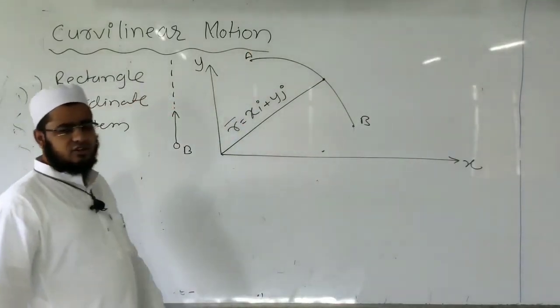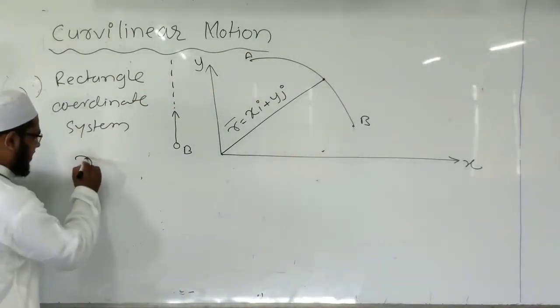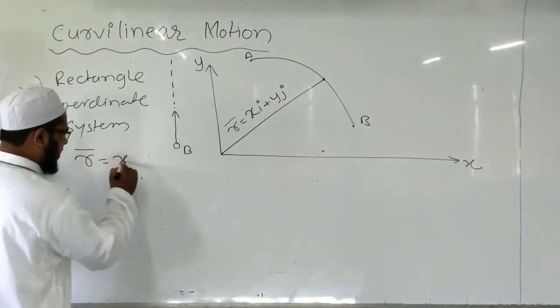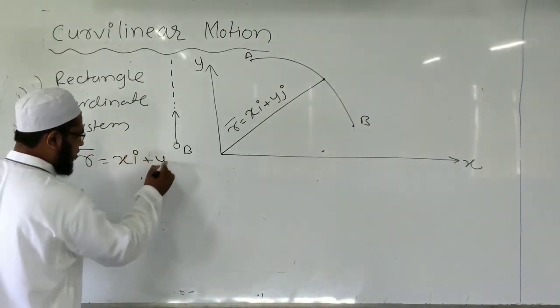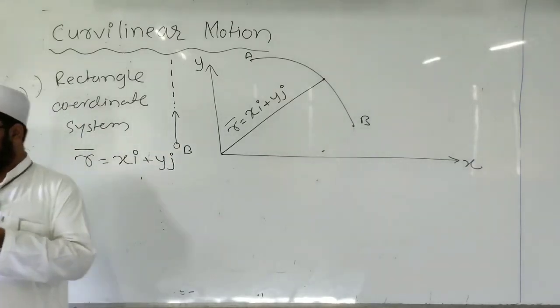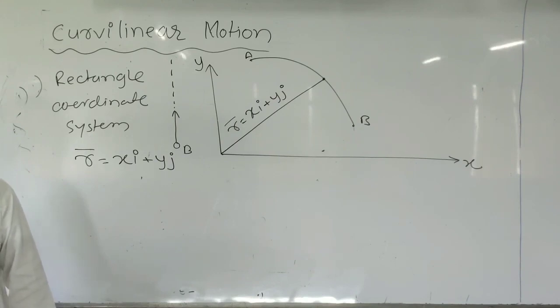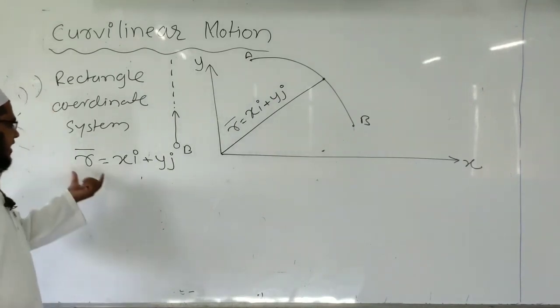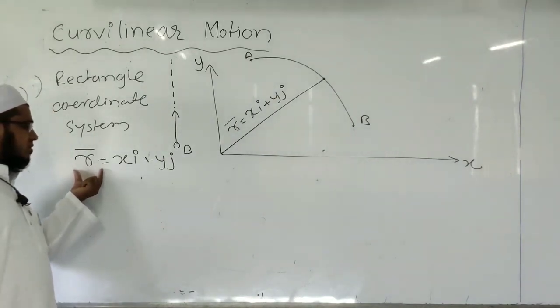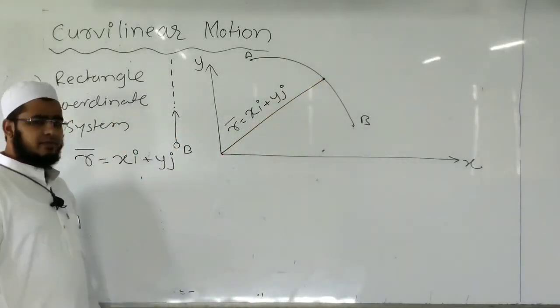So the position of the particle is given by xi plus yj, and we know that the rate of change of position is displacement. Position for a particular instant of time is xi plus yj.